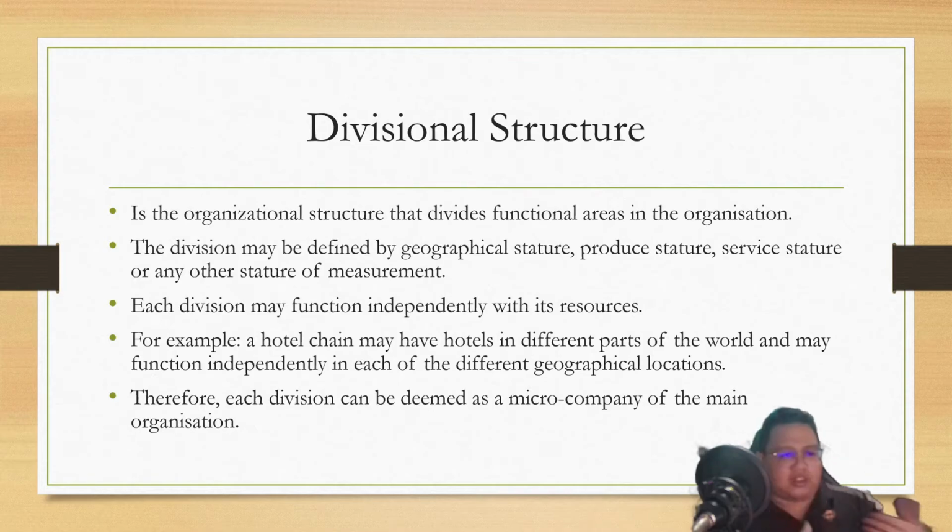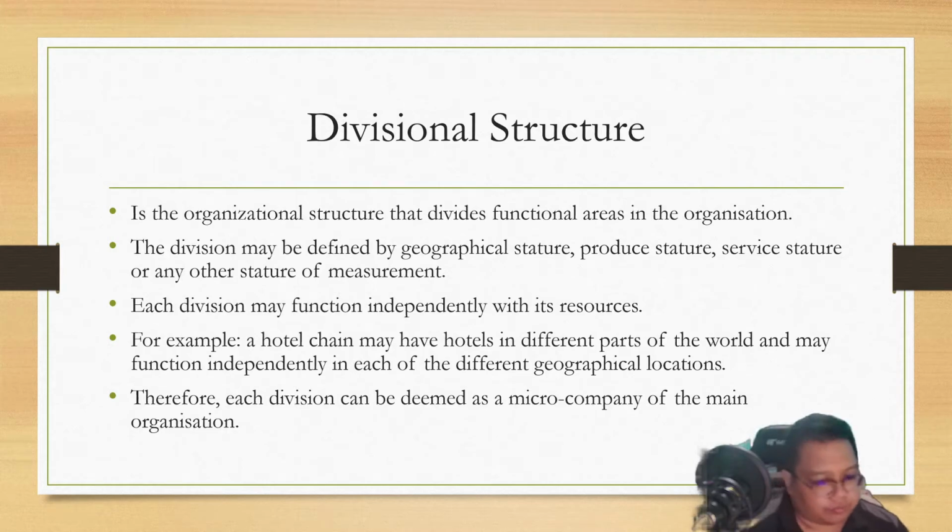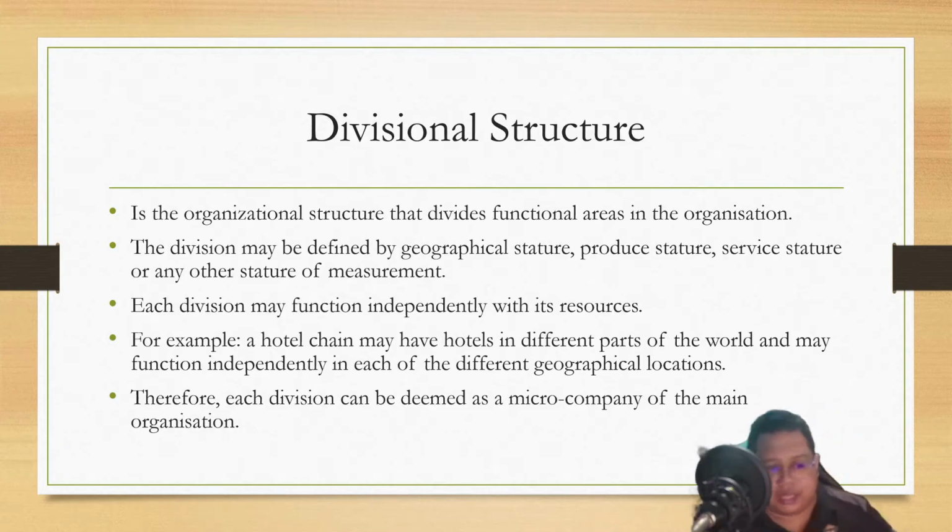So it depends on certain aspects like the geographical or product structure, whatever makes them different. They will function independently based on what they have there. Therefore, each division can be deemed as a micro company of the main organization.